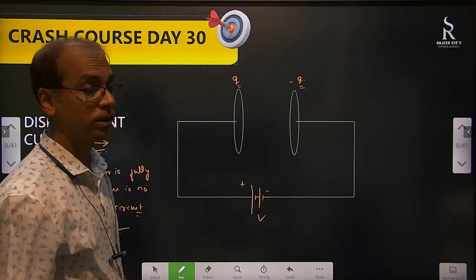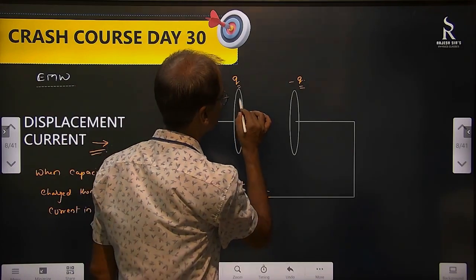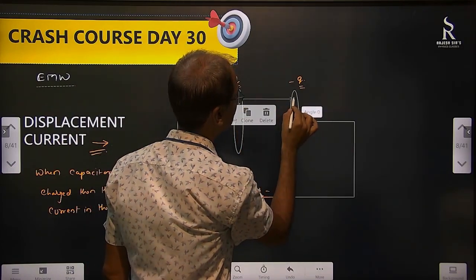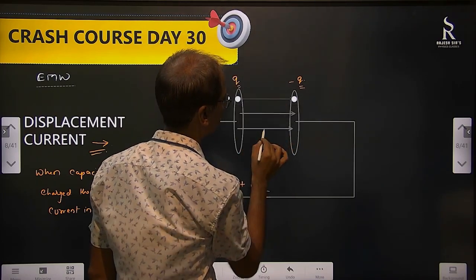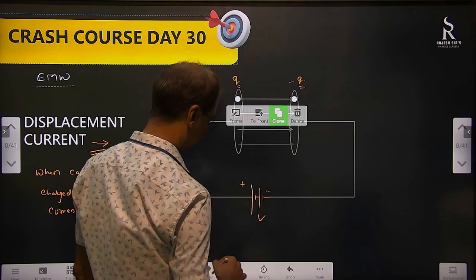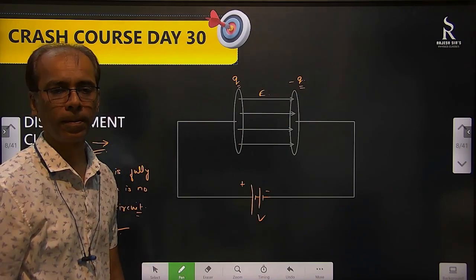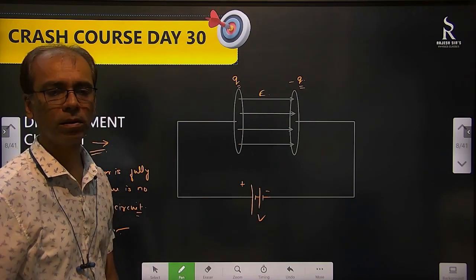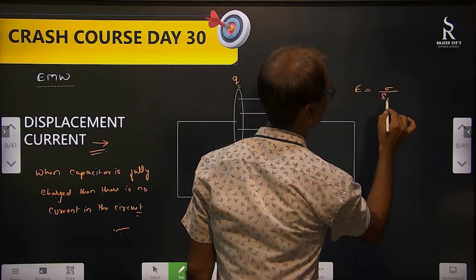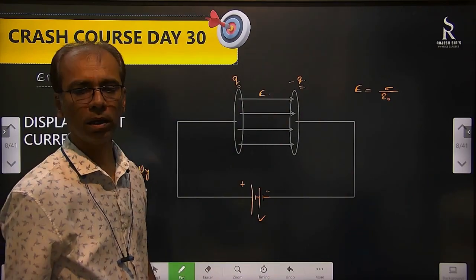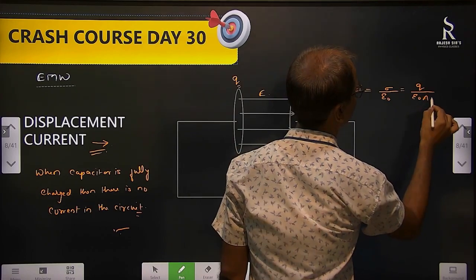If charge is changing, then the electric field between the plates also will change. There is an electric field from positive charge to negative charge, like this. What is the electric field? Sigma by epsilon naught. Sigma is Q by A. So E equals Q by epsilon naught A. But is Q constant?